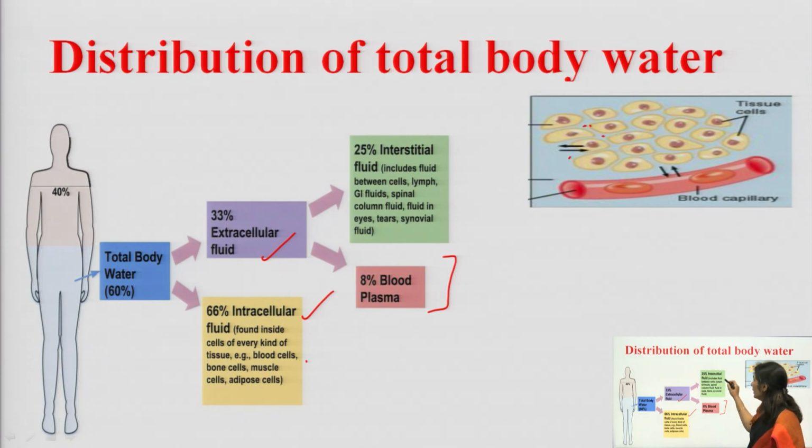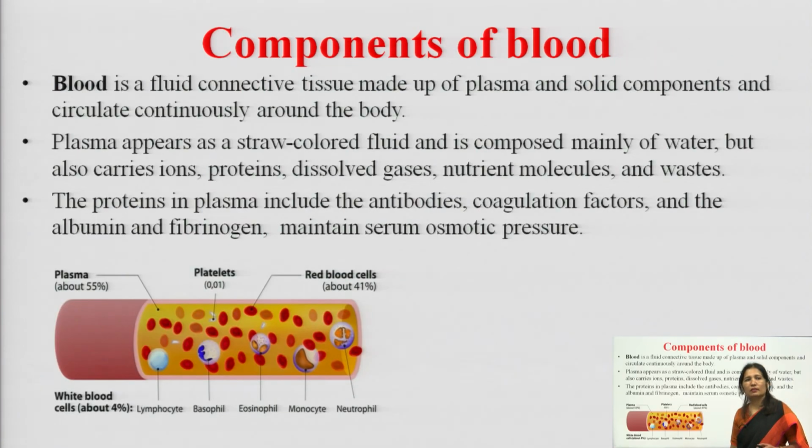So, this is the fluid between the cells, lymph, GI fluids, cerebrospinal fluid, fluid in the eyes, aqueous humor, vitreous humor, tears, synovial fluid; these are all types of extracellular fluid. So, this makes 25% and the rest 8% of the extracellular fluid is blood plasma.